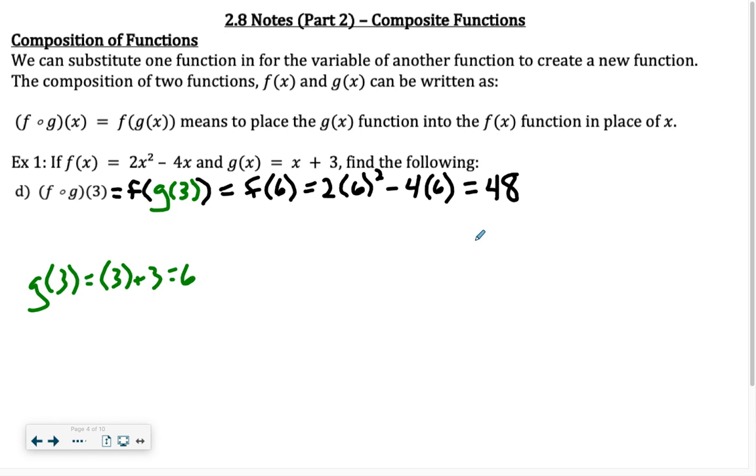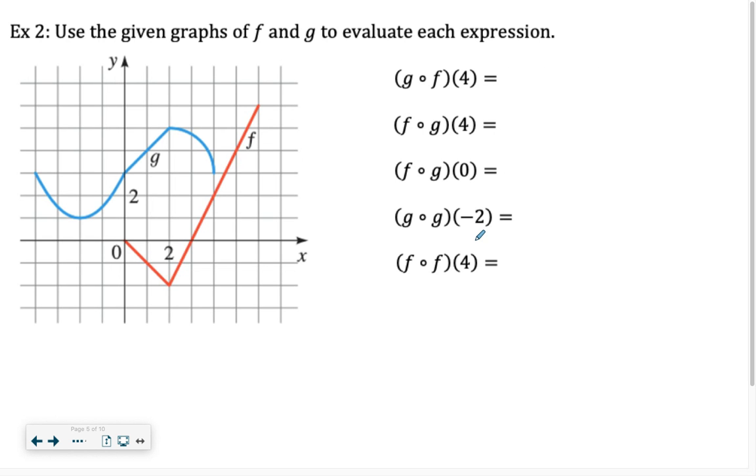All right, so let's take a look at this same idea from a graphical perspective. So again, this notation just means g of f of 4, right? So what this means is I want to evaluate f of 4. In this case, that means find it from the graph. So this means what is the y value where the x value is 4?